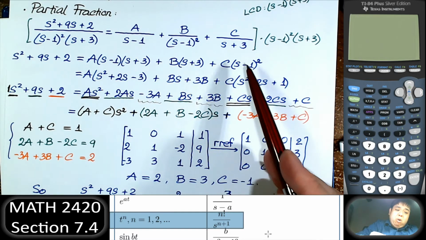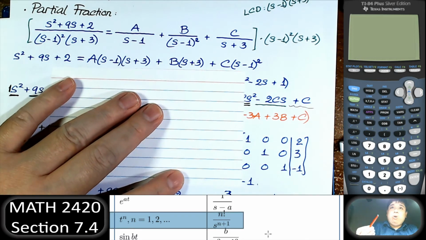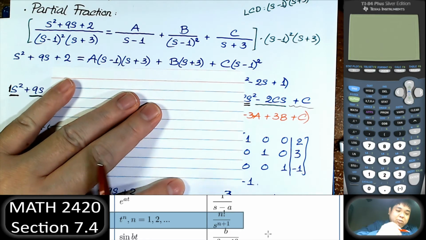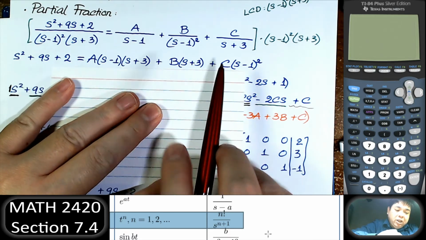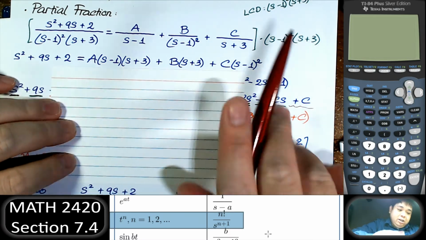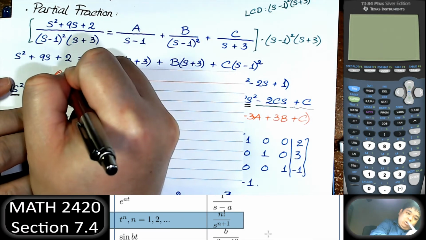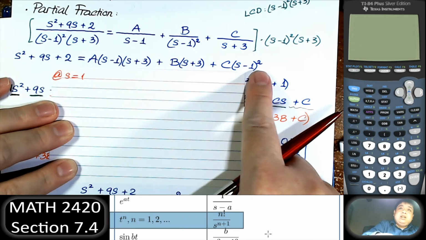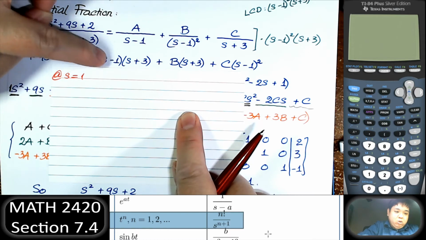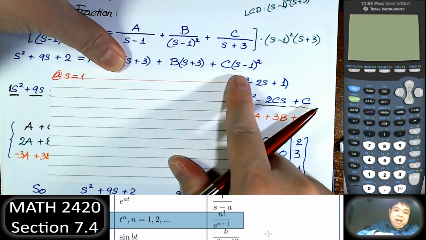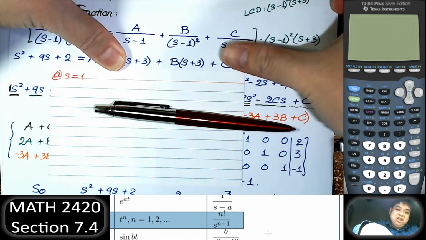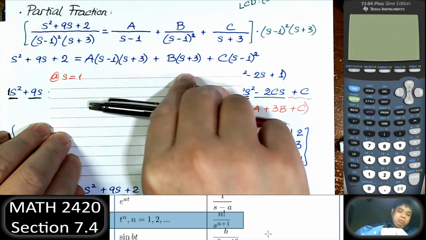If the problem is simple enough, we can do this to solve for the coefficients easily. Notice that this expression, if we let s equal to 1, then s minus 1 goes to 0 and that one goes to 0, right? When s equal to 1, those two go to 0.